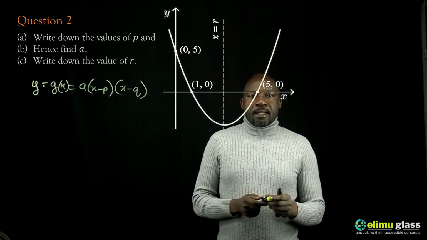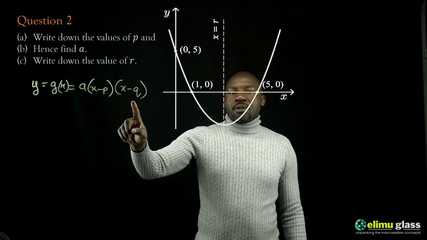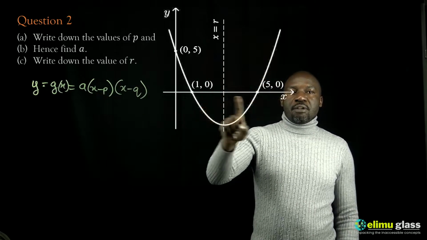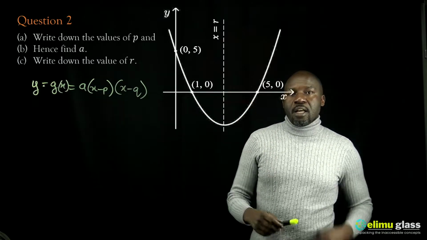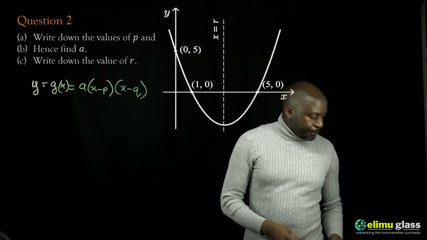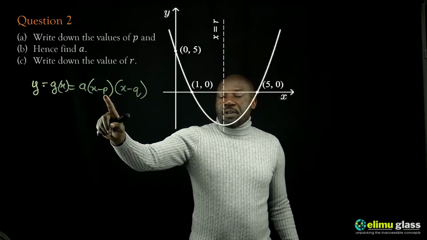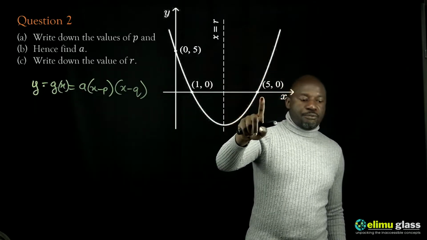Then directly we can see the value of p and the value of q are in fact the zeros of the function, the values of x where the graph crosses the x-axis. So clearly we should be able to see that one of the values has to be 1 and the other value has to be 5.